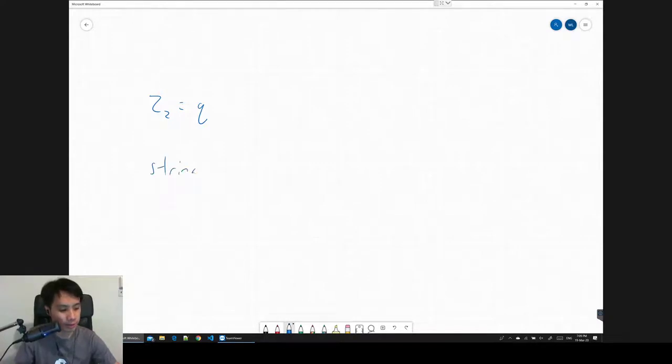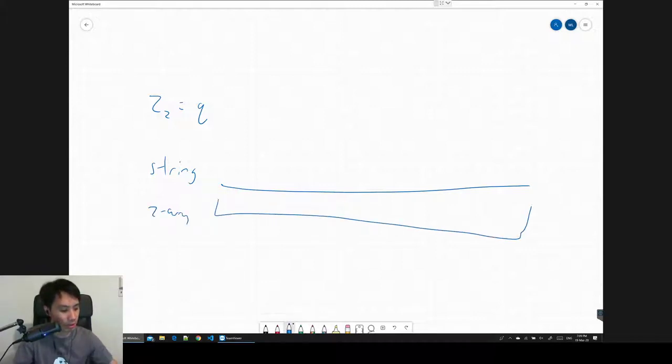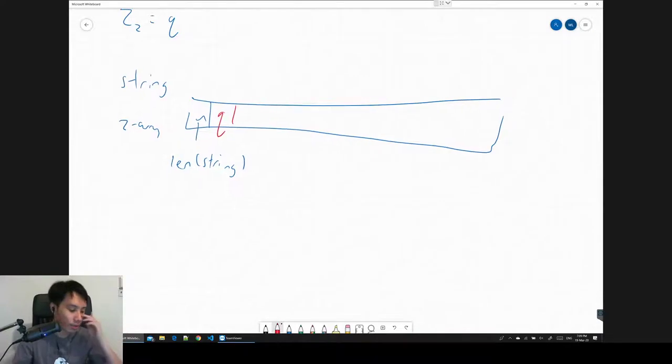Given I have a string, which is a very long string, and then I also have a Z array which measures my string. So here is the first position, which we know equals the length of the string. Now what if for the second position the number is Q? What does it mean? Okay, so instead of Q, let me just put a number inside.